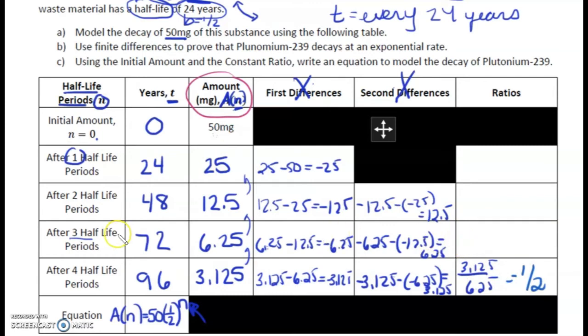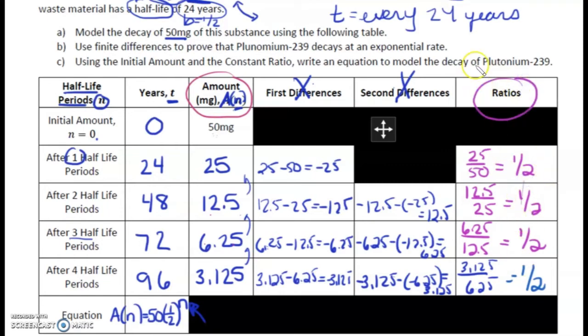Back to the y column, 6.25 over 12.5, we're going to get a half. 12.5 over 25, we're going to get a half. 25 over 50, we're going to get a half. How convenient. The ratios are consistent, so it's exponential. And how convenient is it that the ratios are 1/2, just like our base?